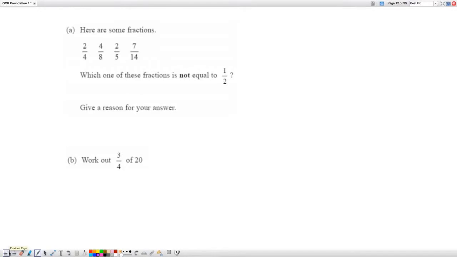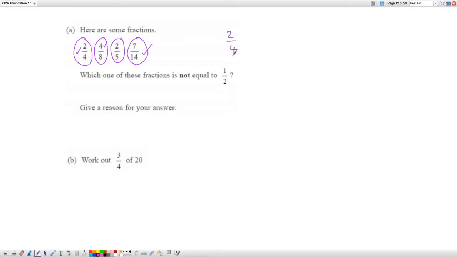Here are some fractions. Which one of these fractions is not equal to a half? We need to give our answer, a reason for our answer. We can see here that 7 is half of 14. That's definitely a half. Here, we can see 2 is half of 4. We can see here that 4 is half of 8. But here, 2 is not half of 5.